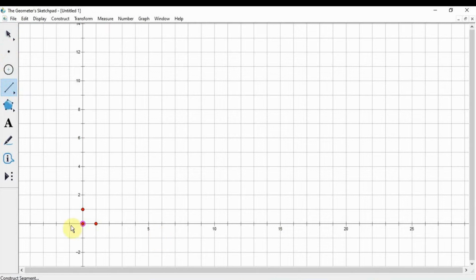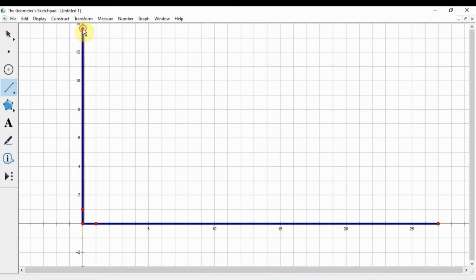This is our x-axis down here. As a matter of fact, let me label the x-axis. This is our x-axis, and this is our y-axis. I just wanted to put that there.